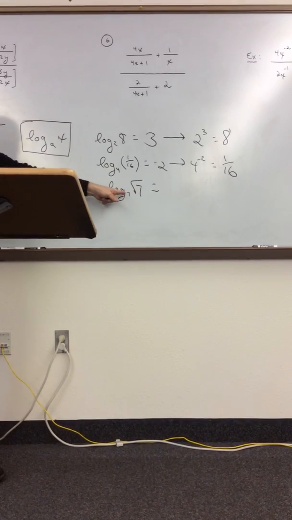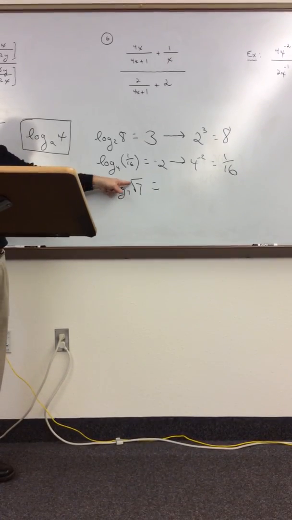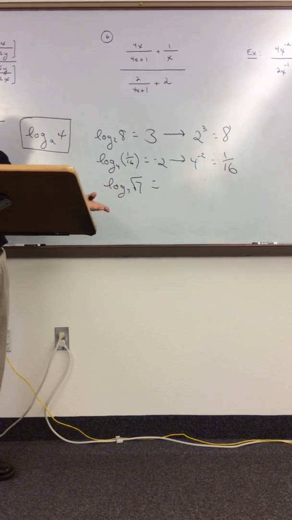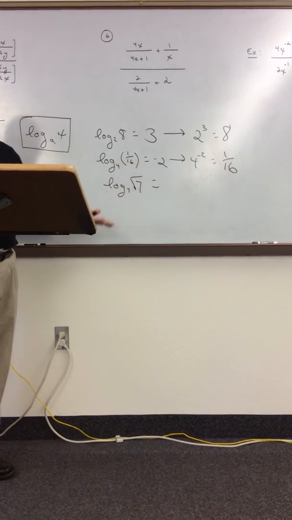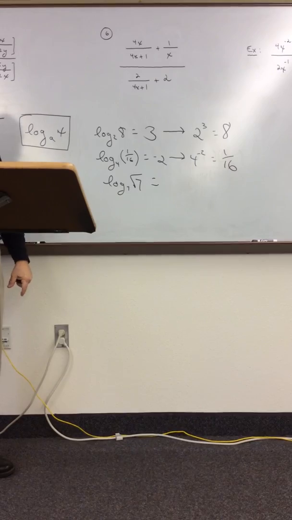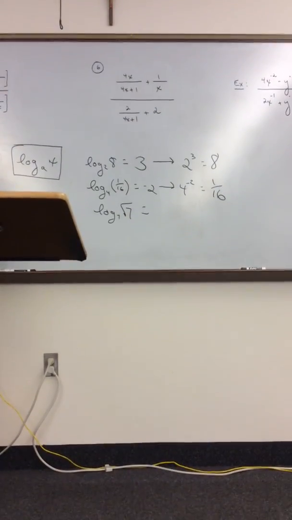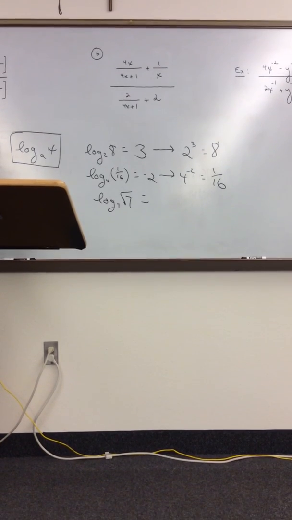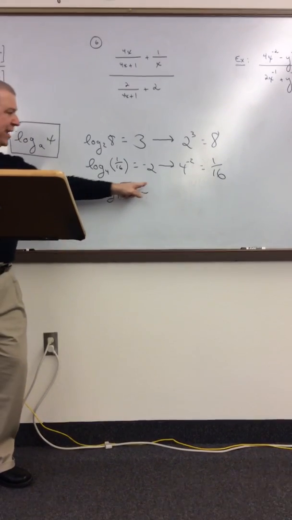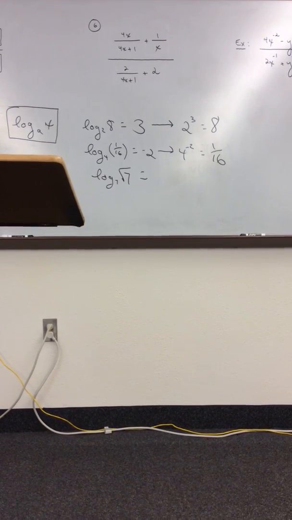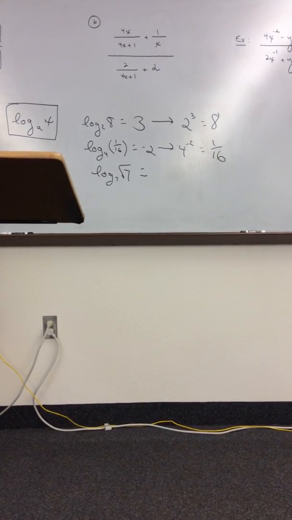Okay, now come on, let's see how smart you are. The log of radical 7 to the base 7. What am I asking you for? 7 raised to what power would equal the square root of 7? You just took the test at the end of last week. 7 raised to what power would equal the square root of 7?